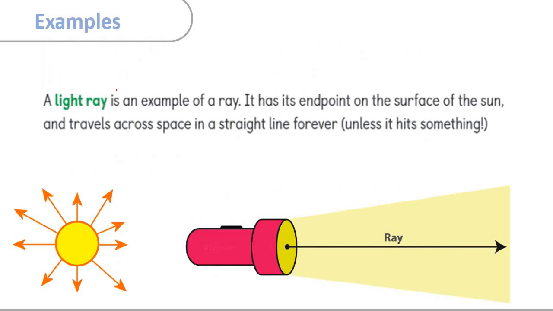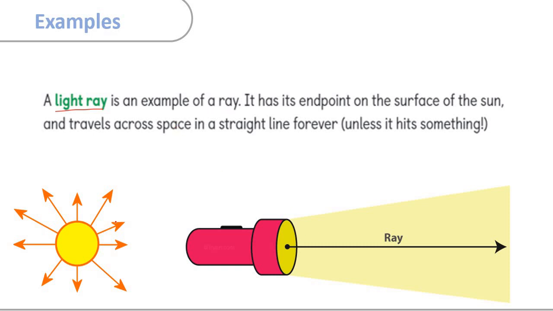What are the examples of ray? A light ray is an example of a ray because it has its endpoint on the surface of the sun and travels across space in a straight line forever. What is an example of ray, children?